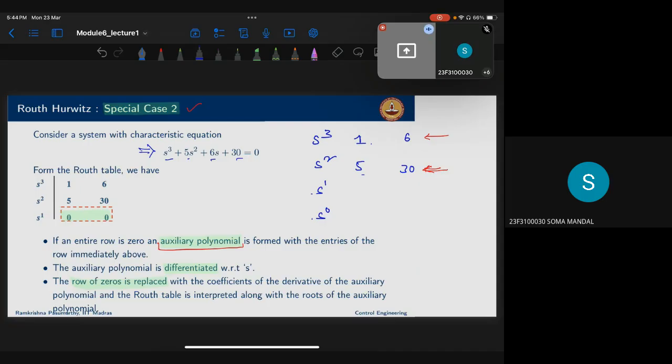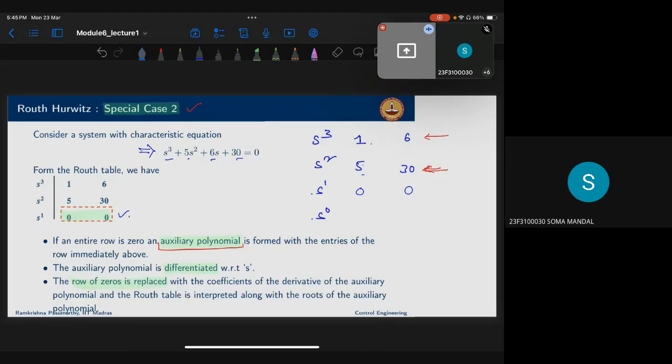You can see 5 multiplied by 6 is 30, 1 multiplied by 30, that will be 0. Here you automatically have a 0 because there are no other terms. Now you could see that this entire row becomes zeros.